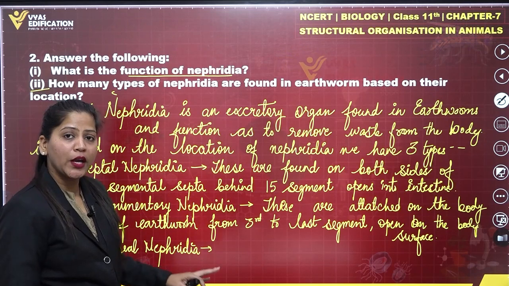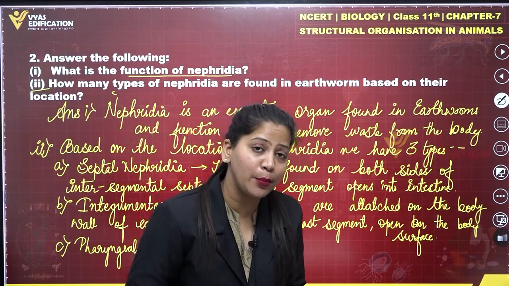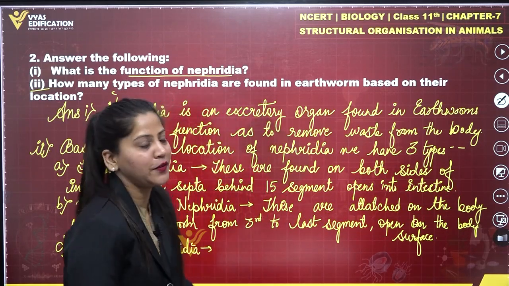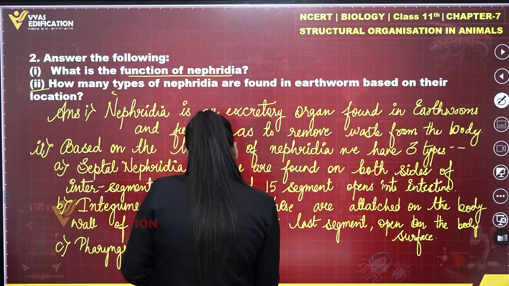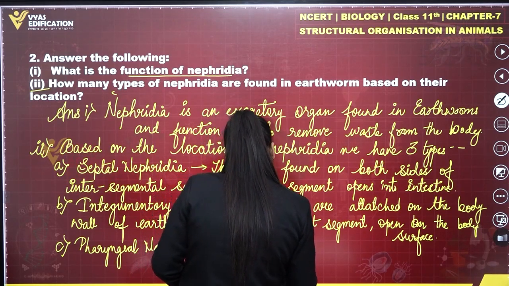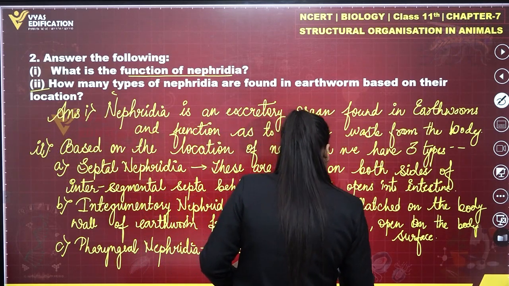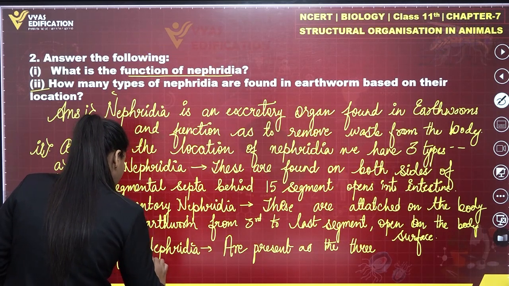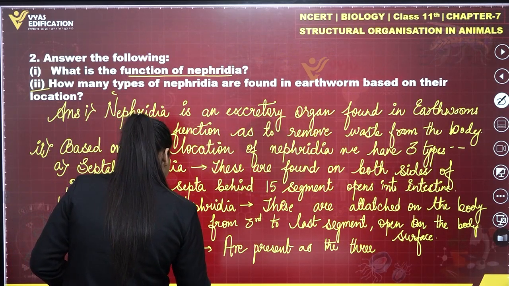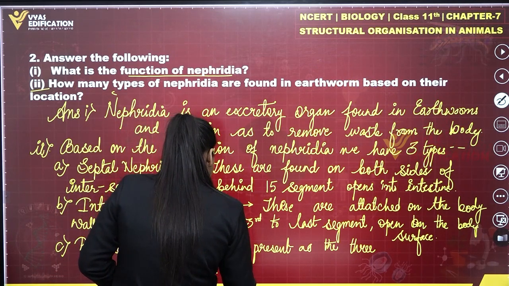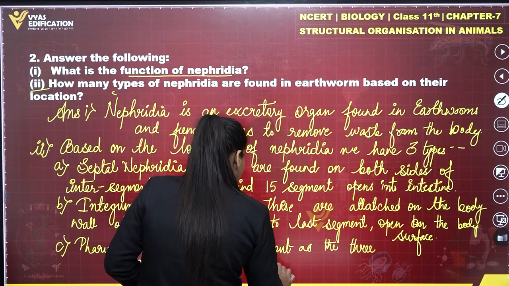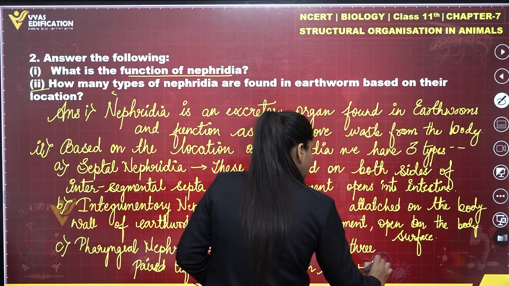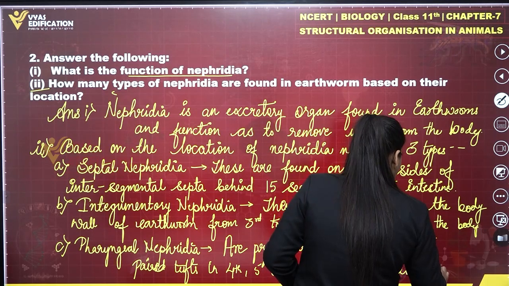If we talk about the location of this last one, we know that these are present as 3 paired tufts in the 4th, 5th and 6th segment in earthworm, right?